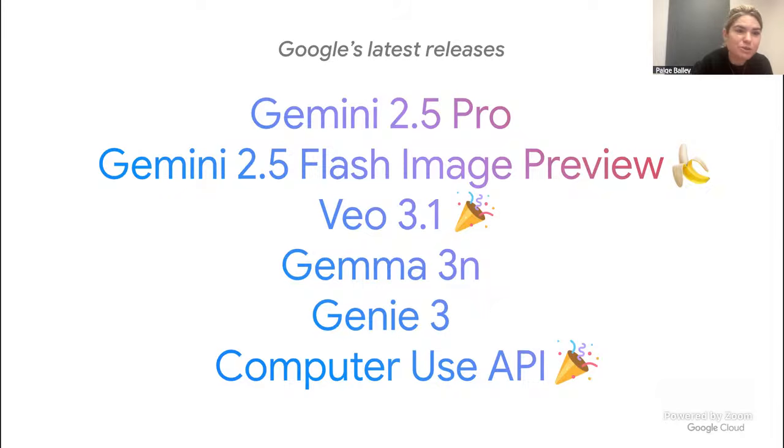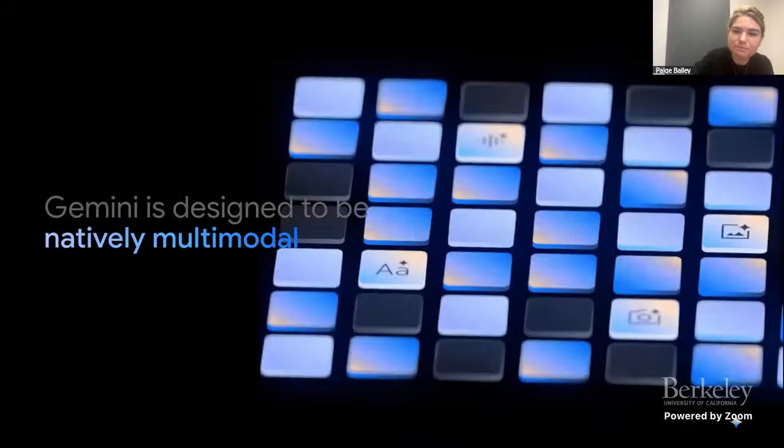Genie 3, which is great for kind of world models and simulations. It feels a little bit like you're being on a holodeck. And then also our computer use API, which allows you to use Gemini to kind of control the browser, search for things, click buttons, interact with websites, and to kind of do all of that via screenshots, so you don't have to wrangle with things like Selenium or Puppeteer.